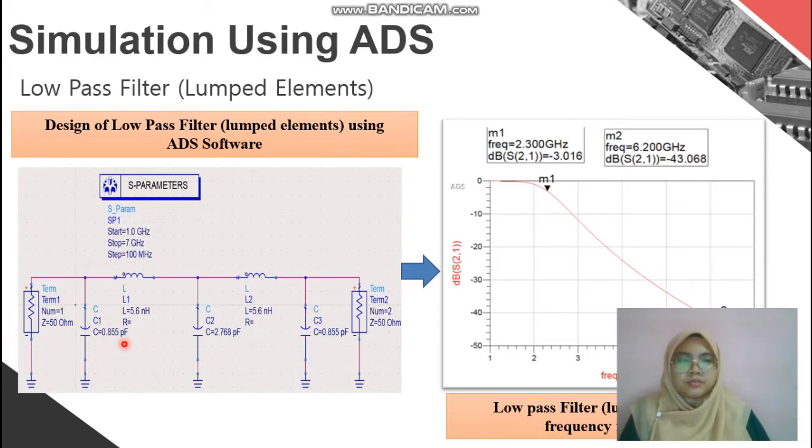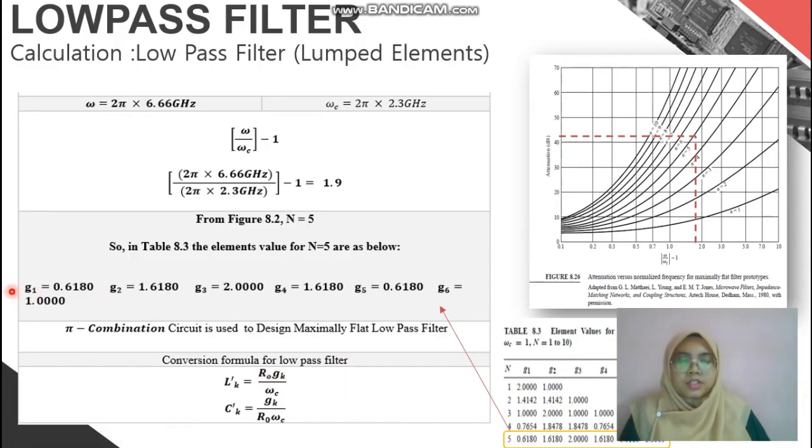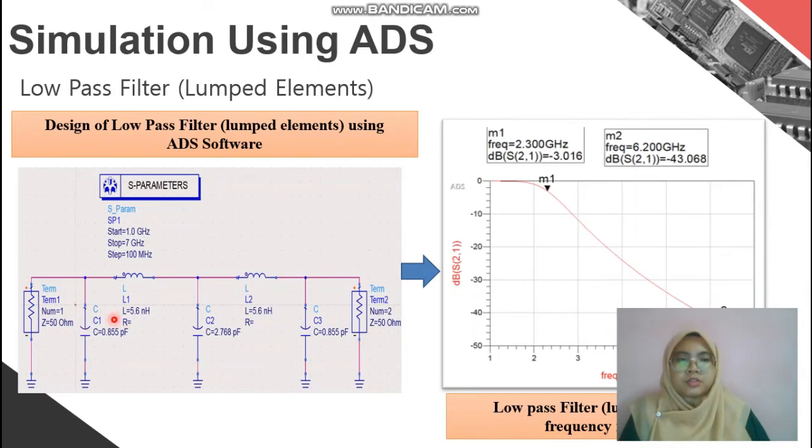To get this value, we have to insert the value of G. For example, that one is C1, a capacitor, so we use C1. We substitute G1 over R0, which is 50 ohm, and WC, 2 pi times 2.3 GHz, and then we obtain the value 0.855 picofarad.